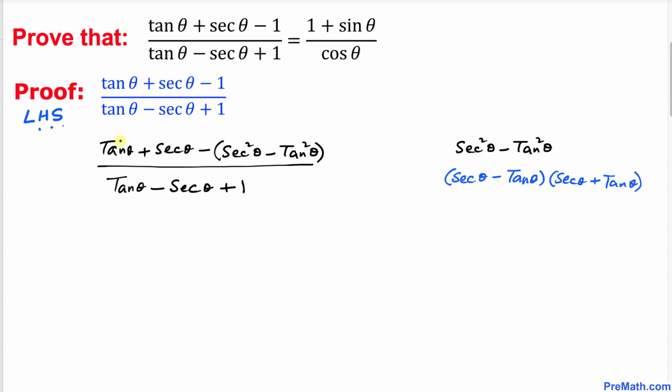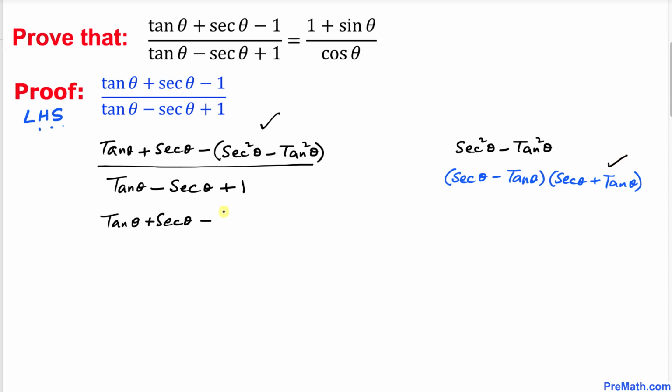Now let's go ahead and take care of this fraction. So I'm going to leave this one as it is: tangent theta plus secant theta, and then minus, I am going to replace this part by these factors.